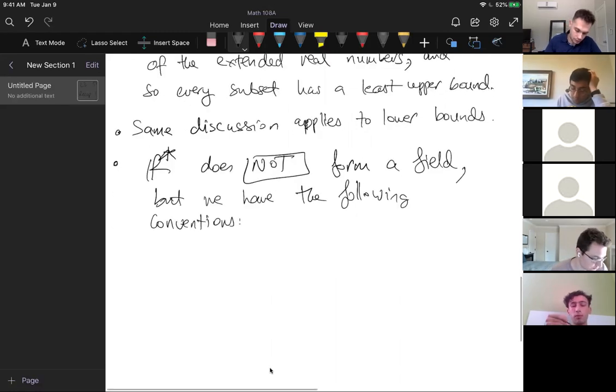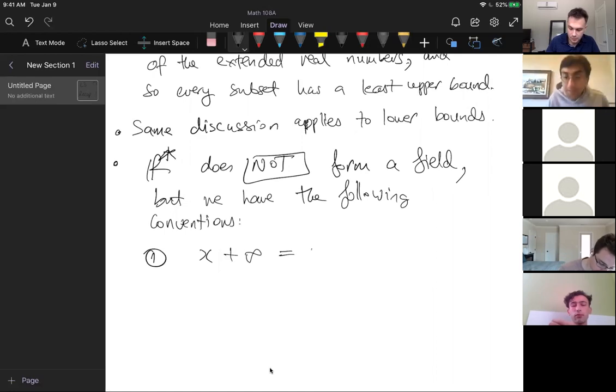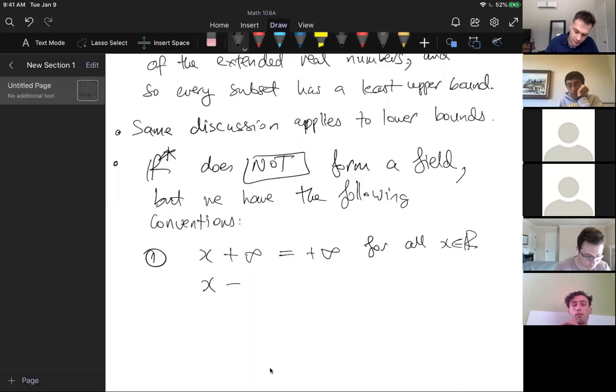So one is that if I take any real number, okay, and then I add infinity to it, this is going to be positive infinity, okay, for all reals, right? So x here can't be minus infinity. It has to be a real number, okay? Another one is if for all reals, I could subtract infinity and get minus infinity, all reals.